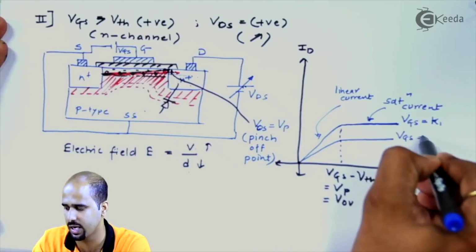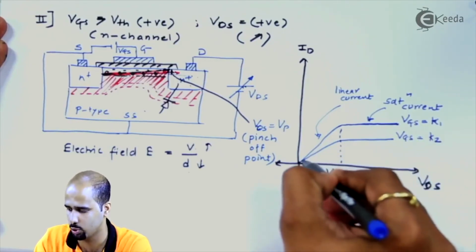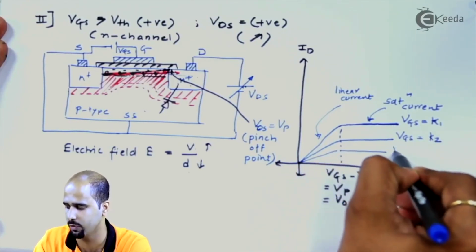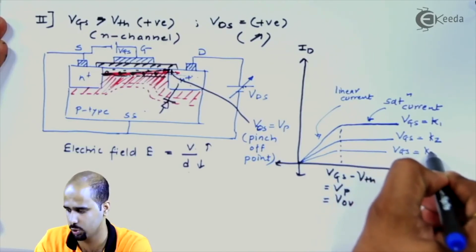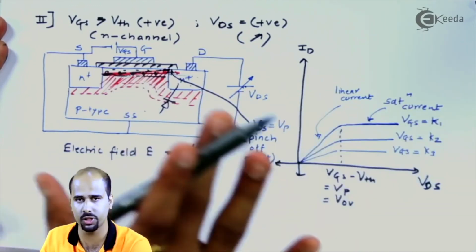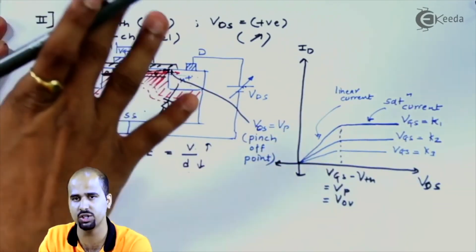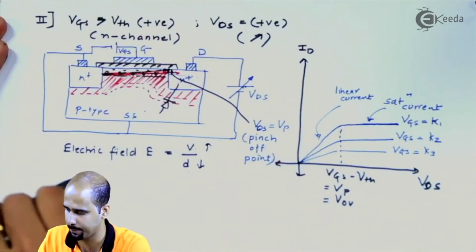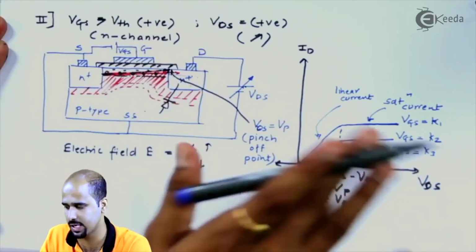So here VGS is equal to K2, and so on, and here VGS is equal to K3. This is how we get the output characteristics of the n-channel enhancement MOSFET. So far we have discussed the output characteristics.